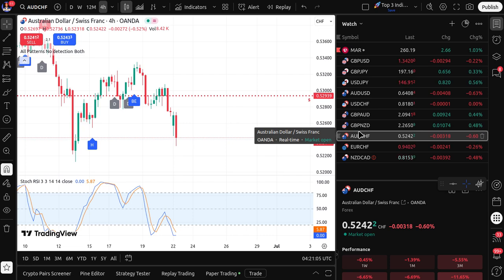Now obviously there are other strategies or ways to employ, because what we're doing right now is we're looking for how to trade the short term entry.